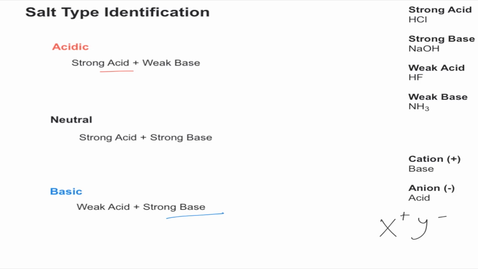In our first scenario, we have an acidic salt being formed from reacting a strong acid with a weak base. So because our strong acid is hydrochloric acid, that is going to be reacting with the weak base, which is ammonia.